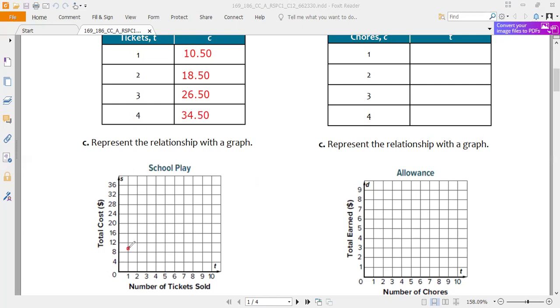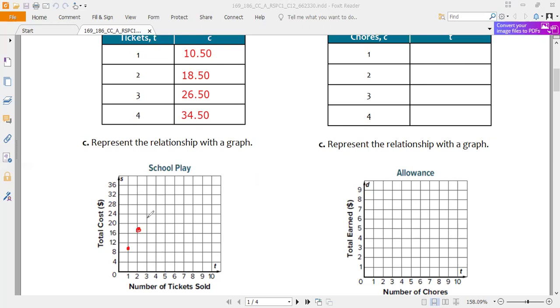So I will make a point here for 1, making sure you start from 1 and then 10.50. Again, number 2, if you have two tickets, the cost is 18.50. This is 16 and this is 20. Between 16 and 20 you have 18.50.